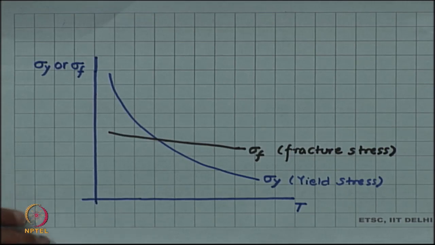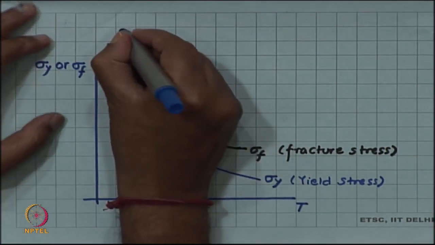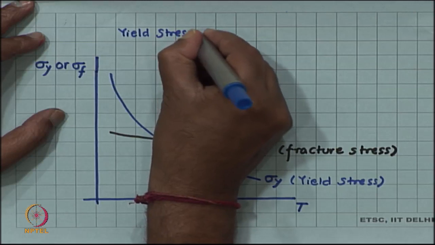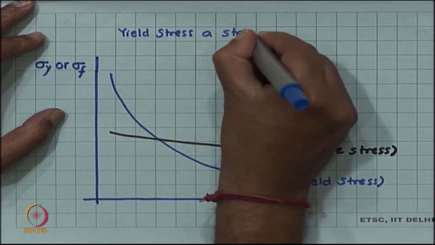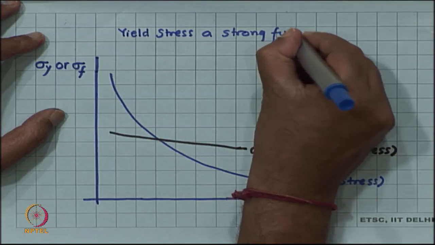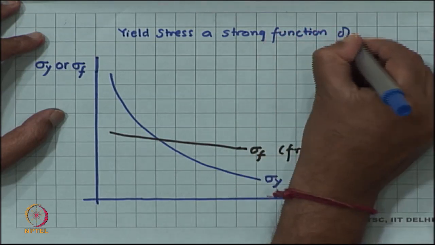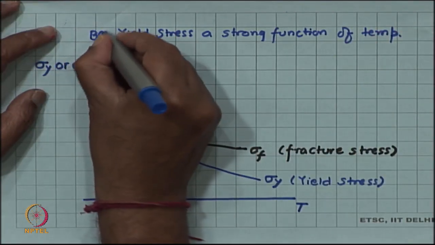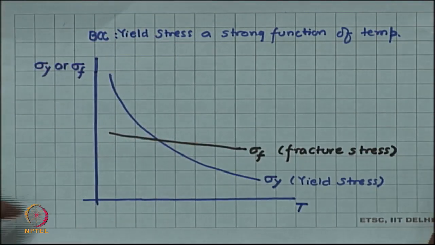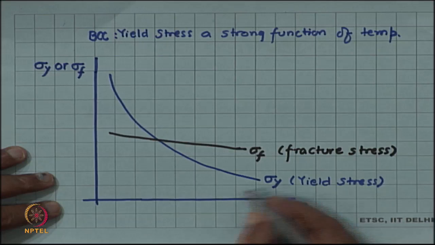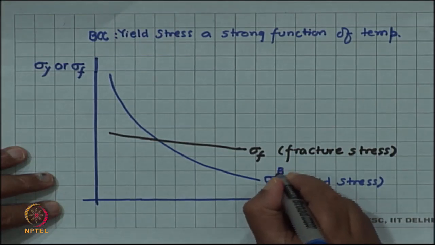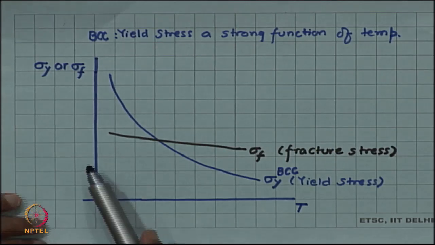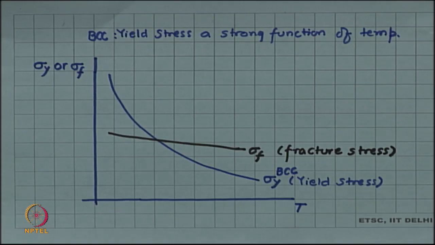This is the case for BCC materials. So, yield stress is a strong function of temperature for BCC solids. So, this will be yield stress for, let us say, BCC, and we are assuming that the fracture stress is not so sensitive to temperature.